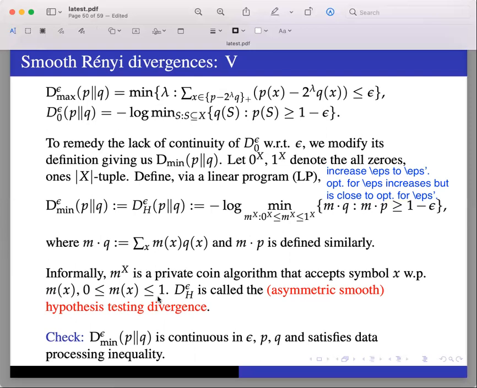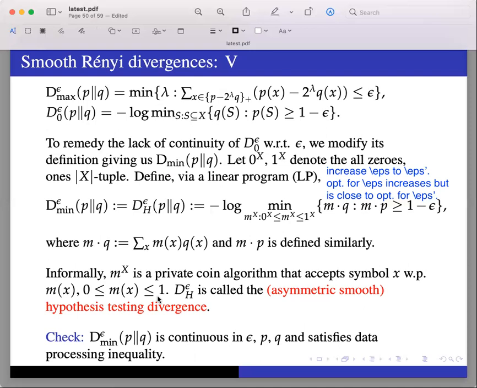For D0 epsilon, bringing in one more point in the support means m of x is jumping from 0 to 1. But if I'm talking of D epsilon, then there is no jump.